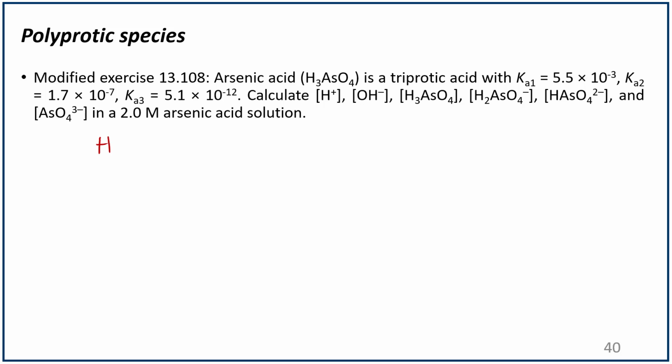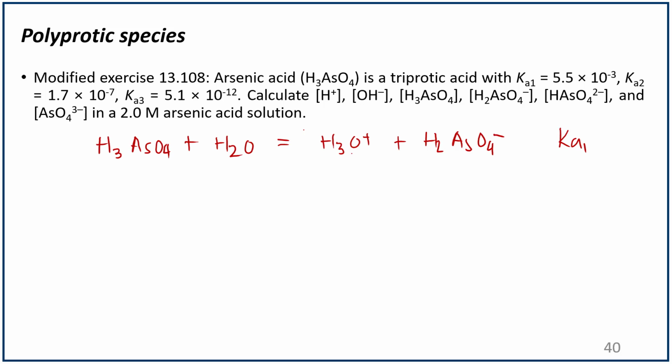Okay, so this one should be H3AsO4, and I'm not gonna write here the phases of the solution, just to save some time and space. Okay, and this is plus H2O is equal to hydronium ions, plus H2AsO4 minus. Okay, this is the value of Ka1, which is given in the problem.